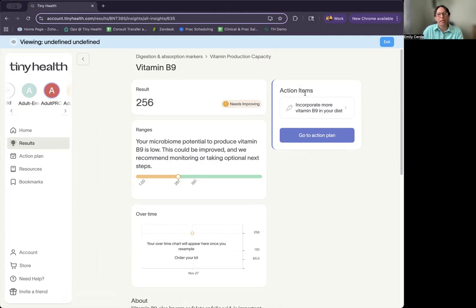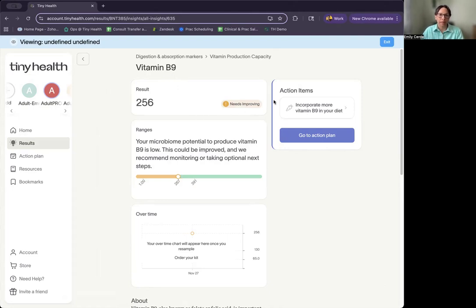You will notice that the action items here say incorporate more vitamin B9 or more folate into your diet. It's really important to know that this is not nutrient status. Okay, this is a stool test. This is not a serum test. And by suggesting that you incorporate more B9 into your diet, it's potentially filling a gap where this postbiotic is not being made to the degree that it should be.